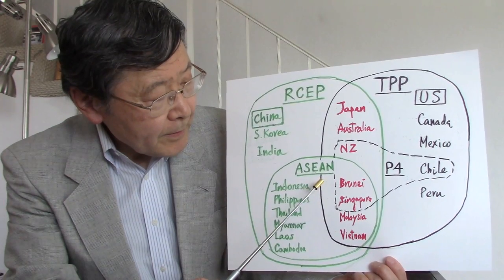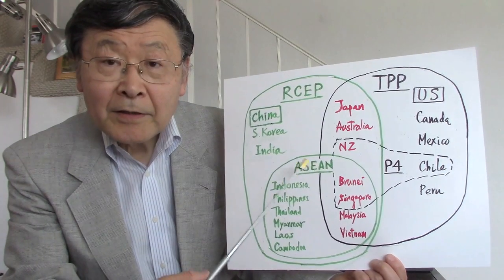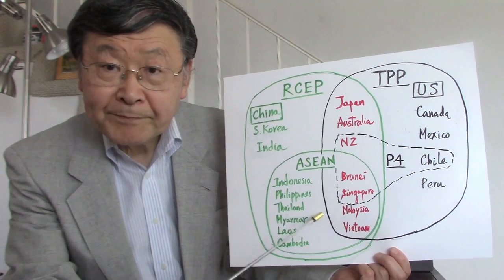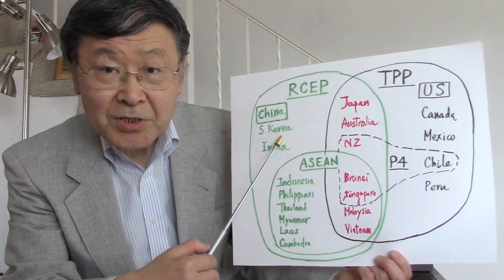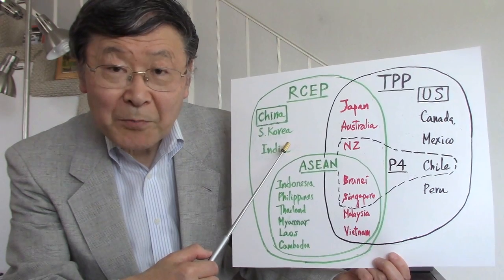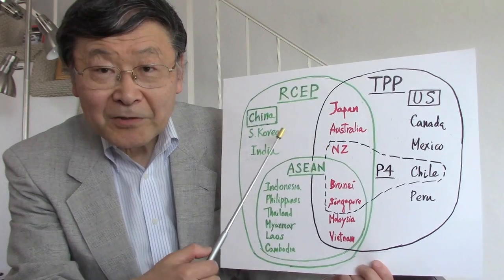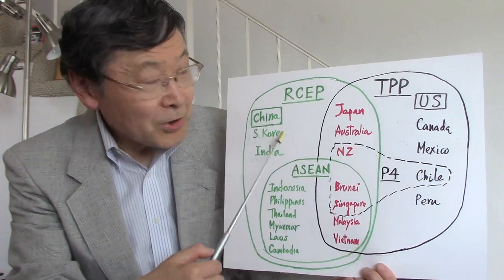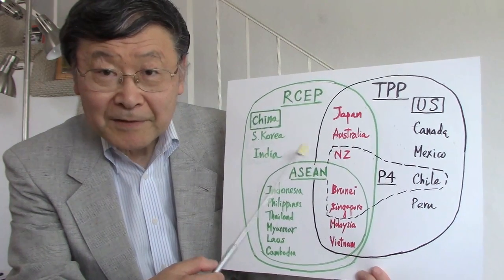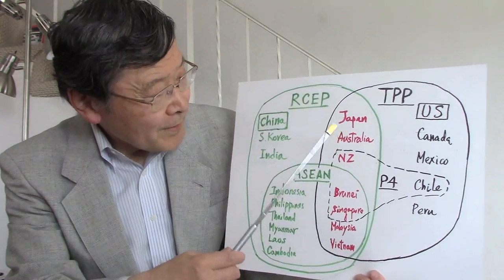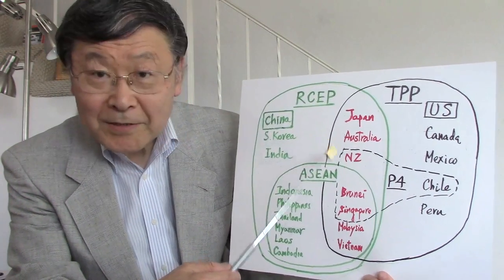Right now, of course, ASEAN nations are in the process of forming a very strong economic community, whereas the rest of the nations are having trouble forming any kind of close economic relations due to economic, political, and strategic conflicts among Japan, China, Korea, India, and so on.